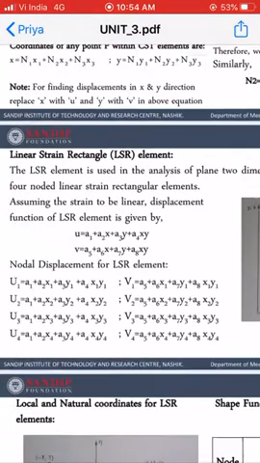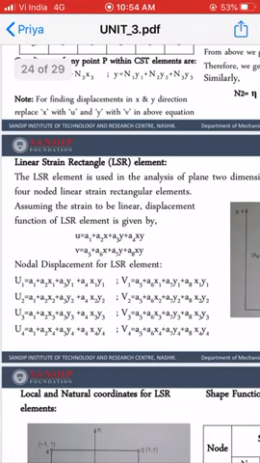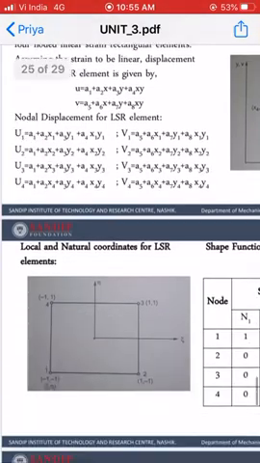Similarly for the second node you write it in terms of x2 y2, for the third node in x3 y3, and for the fourth node in x4 y4. In this way you can write the nodal displacements u1 v1, u2 v2, u3 v3 and u4 v4.